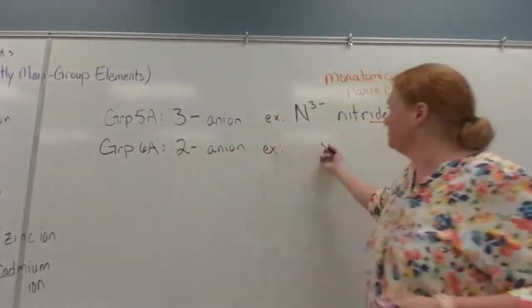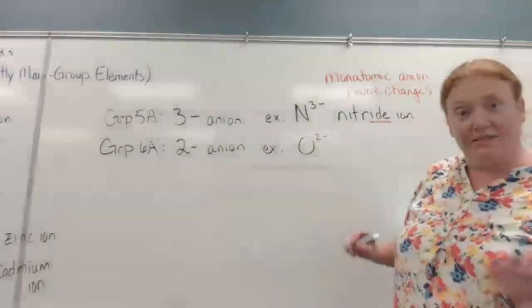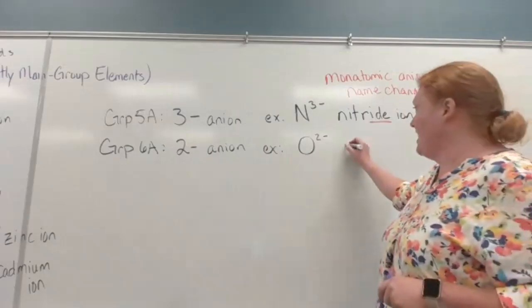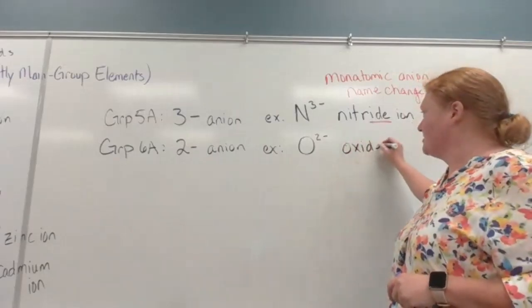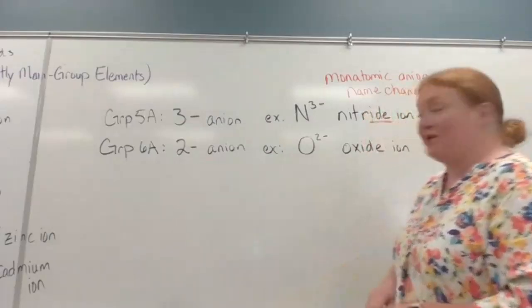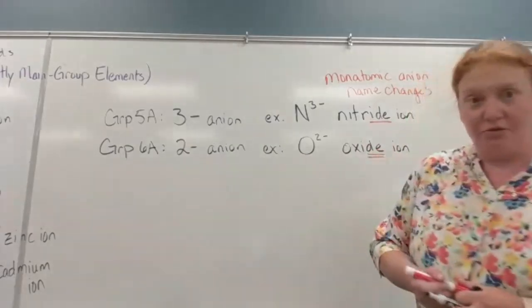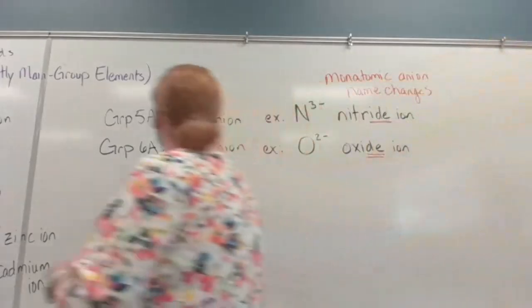So something like oxygen. There's a formula for its ion symbol. And the name would then, of course, be not the oxygen ion, but the oxide ion. Or if you had sulfur, it would not be the sulfur ion, it would be the sulfide ion.